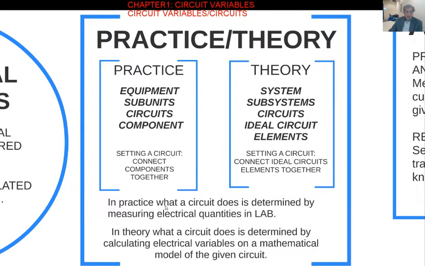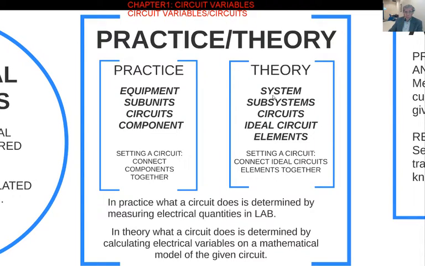So in practice, what a circuit does is determined by measuring electrical quantities in lab. When you say what a circuit does, that is the purpose of the circuit. As you remember, we said each system must have a purpose, must have an aim.